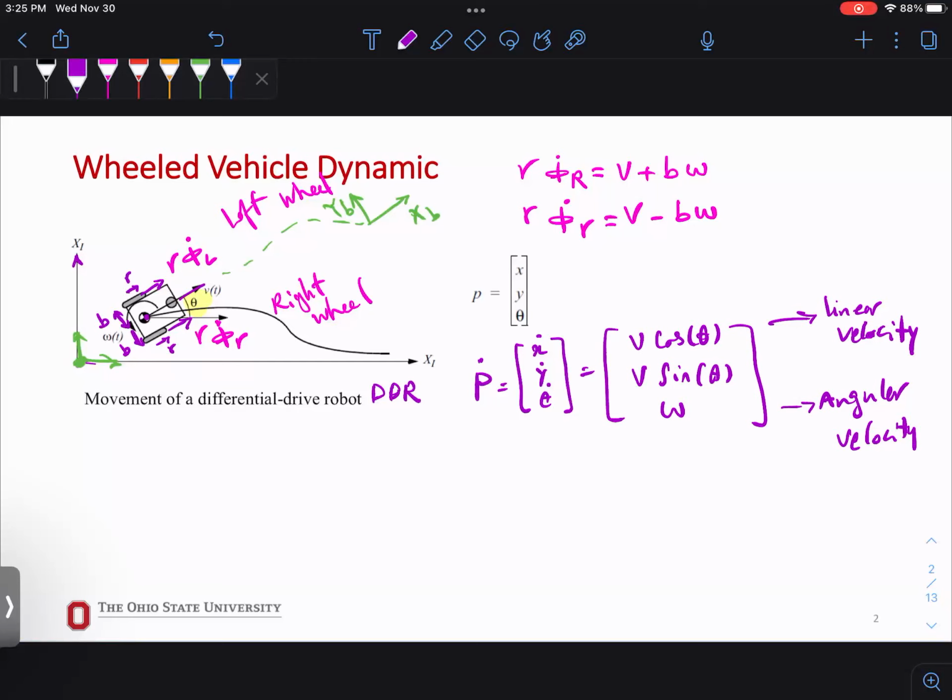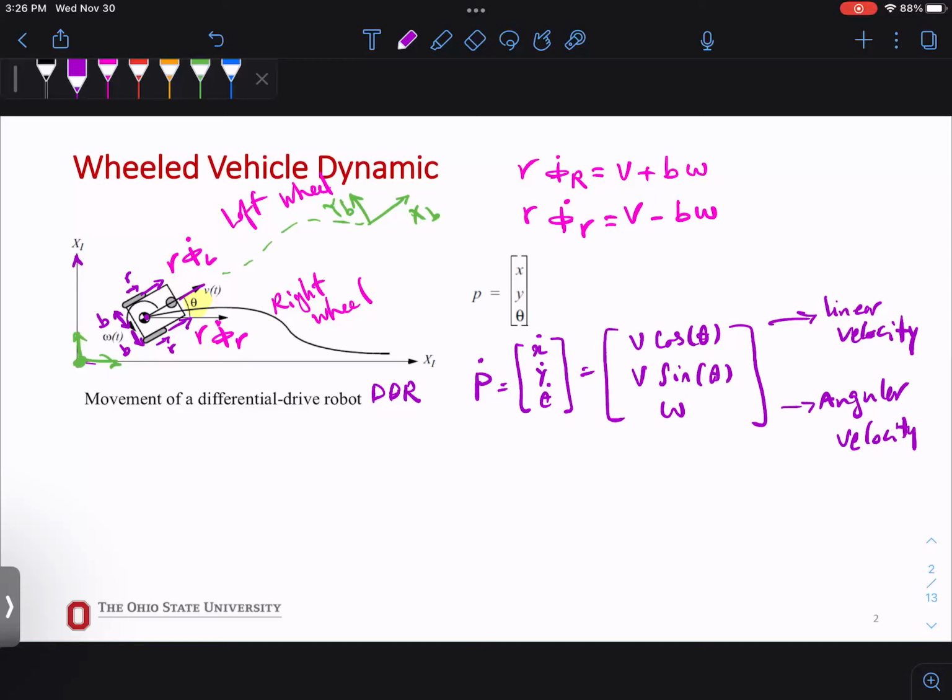Now, okay, cool. I know how to represent my position. I know how to represent my velocity. Now, we want to see if we can write the equation of motion. If you remember, when we were dealing with the manipulator, we used a fancy way of writing the dynamic equation.